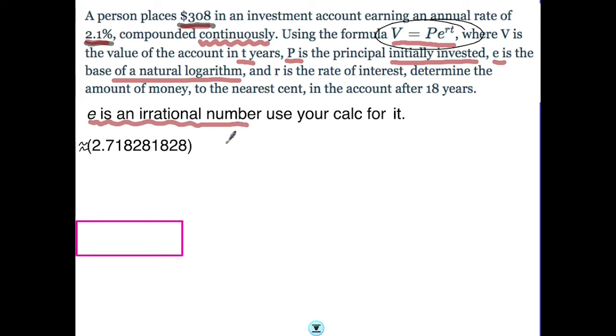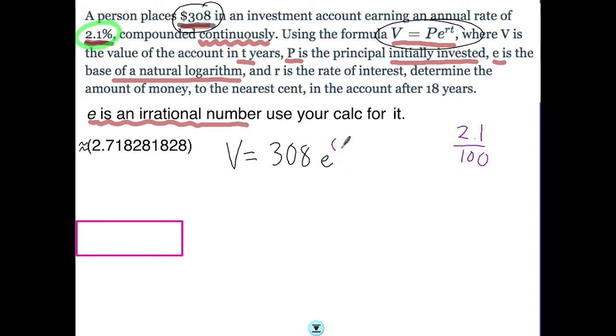So we'll start with the value is your principal. That's the original amount, 308. And then E^RT. So what I'm going to do is I'm going to put the E right here. The RT, that's the rate. We'll go back up here. Let's highlight this rate. The rate is 2.1%. 2.1% divided by 100.